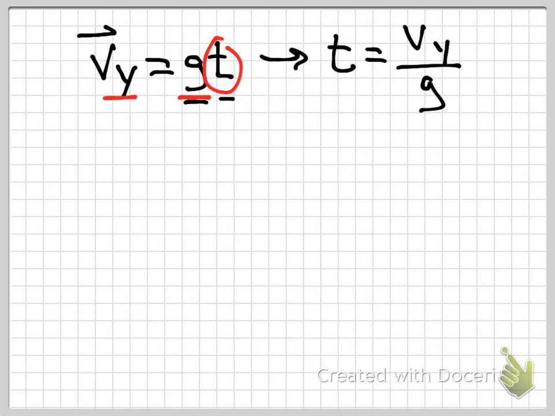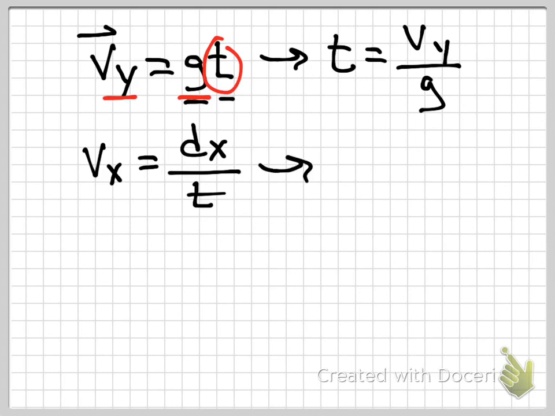So in the x direction, if we want to figure out our x velocity, remember speed is constant in the x direction, so we can just use our regular old relationship between distance, speed, and time that we learned in the beginning of the year. So our speed in our x direction, our velocity, equals our distance in the x direction divided by time.